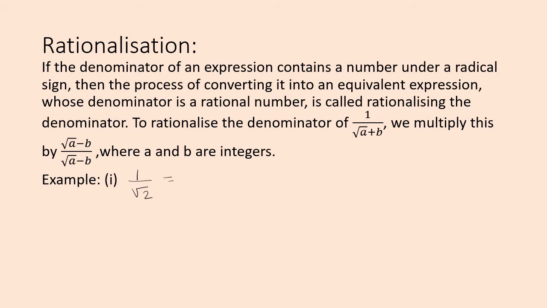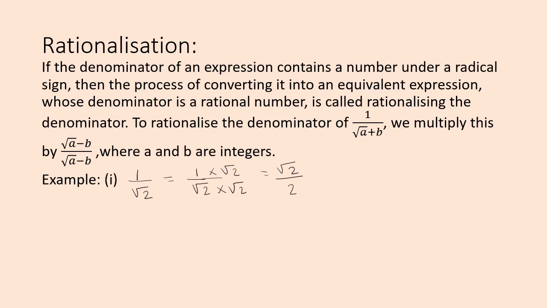So here what you are doing is you have to multiply and divide by a suitable number to make the denominator a rational number. For that you are multiplying in the numerator and denominator by root 2. 1 multiplied by root 2 is root 2 upon root 2 multiplied by root 2, that is 2.